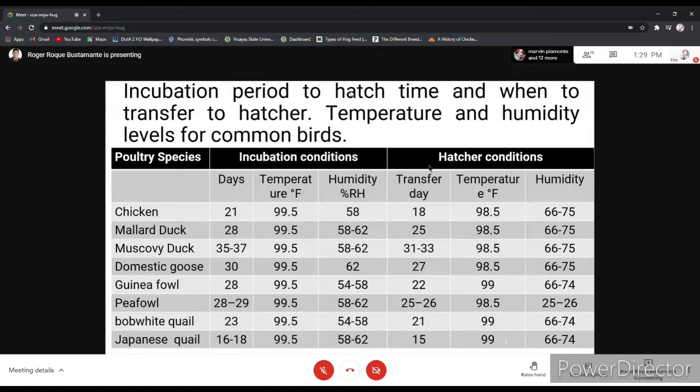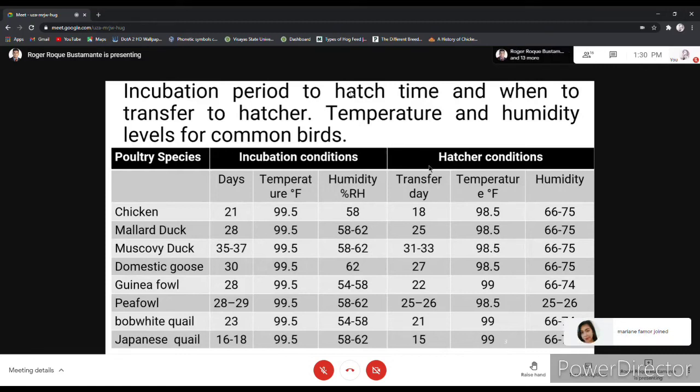If the humidity is too low, it will also have an effect on the eggs in the incubator. We'll talk further about the effects of low and high relative humidity on the quality of the eggs and on the chicks.